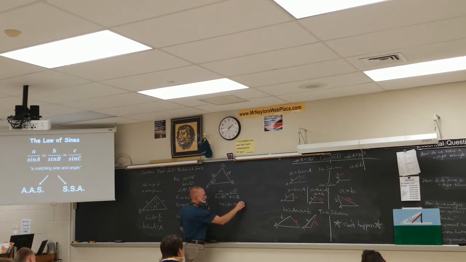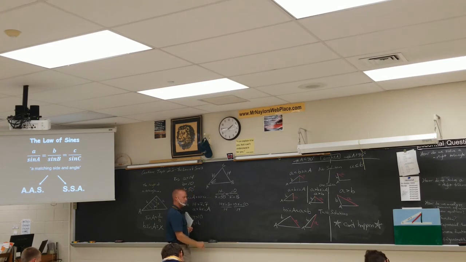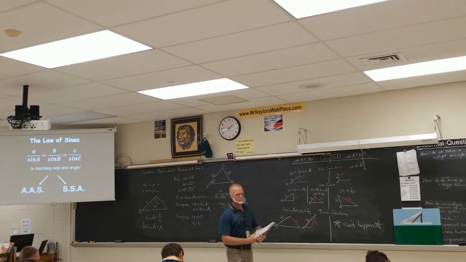But basically, after you cross multiply, you end up dividing by 14. Okay, so we have the sine of B equaling 10 sine of 50 over 14. This will be a calculator thing.